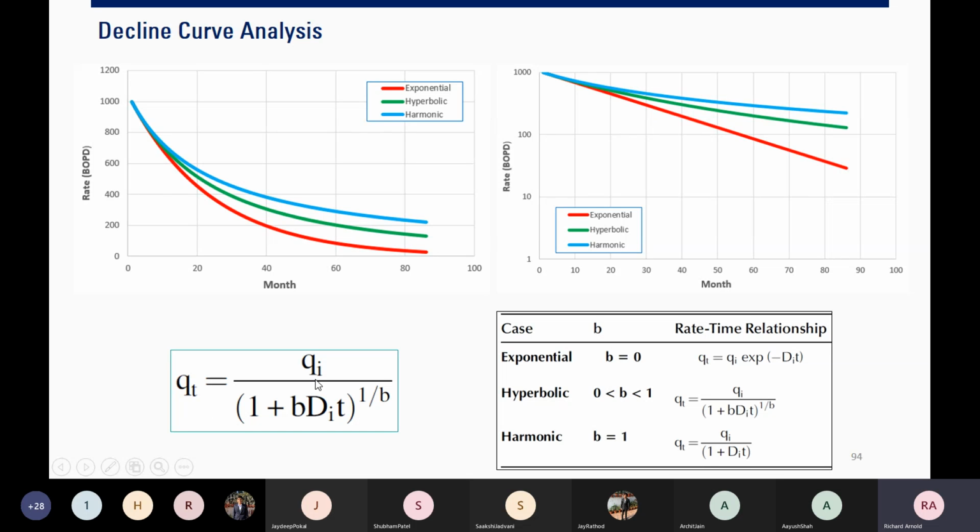Q is production rate. B is the decline exponent. Okay. And D is decline rate. You need to estimate your B and your D in order to forecast the production.